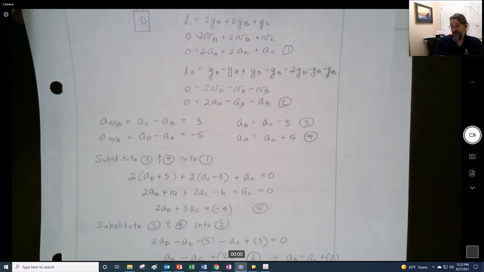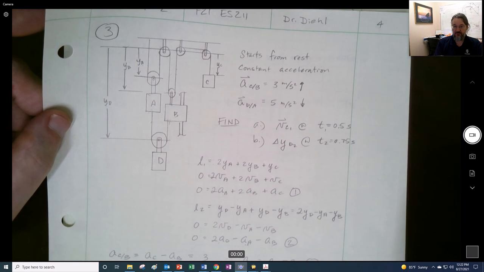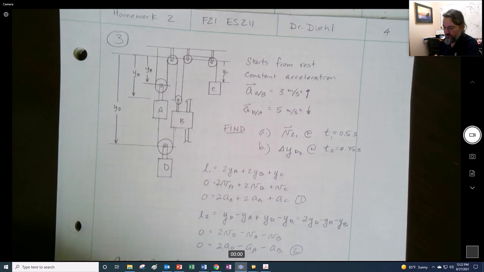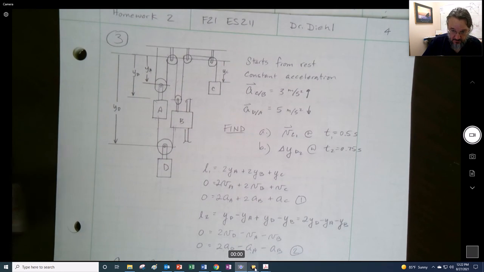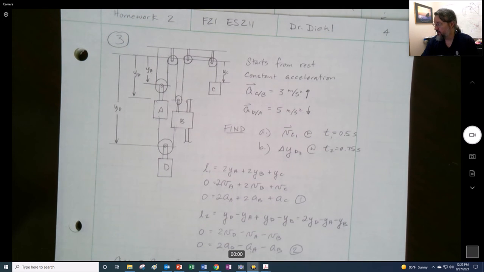That's basically what we were looking for. And then we were able to find what these were from constant acceleration relationships. So there we go. Yay for being done. And if you were able to get all this way through and get the answer on your own, congratulations.